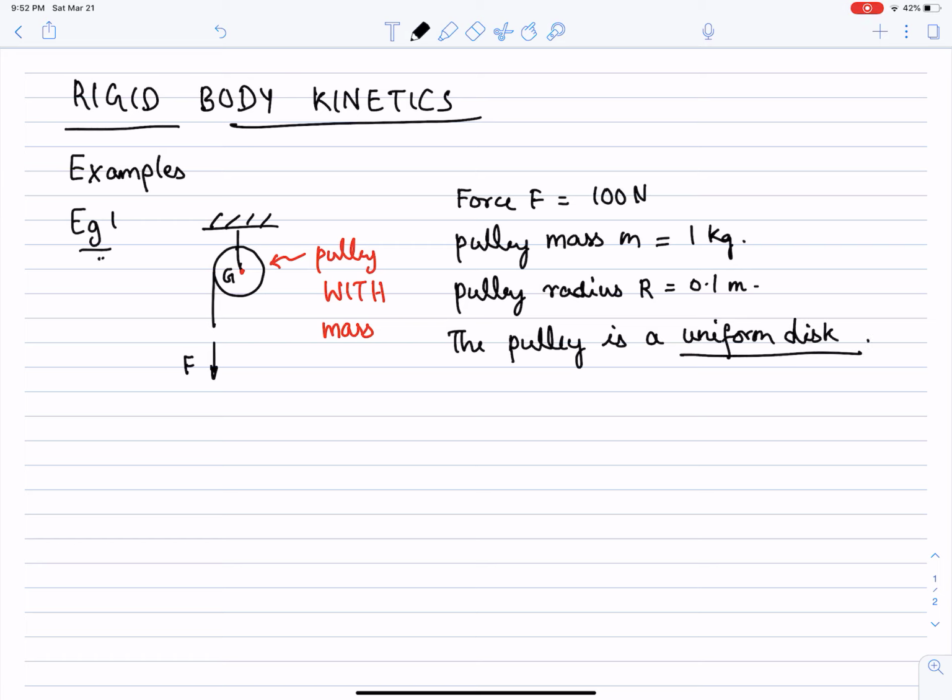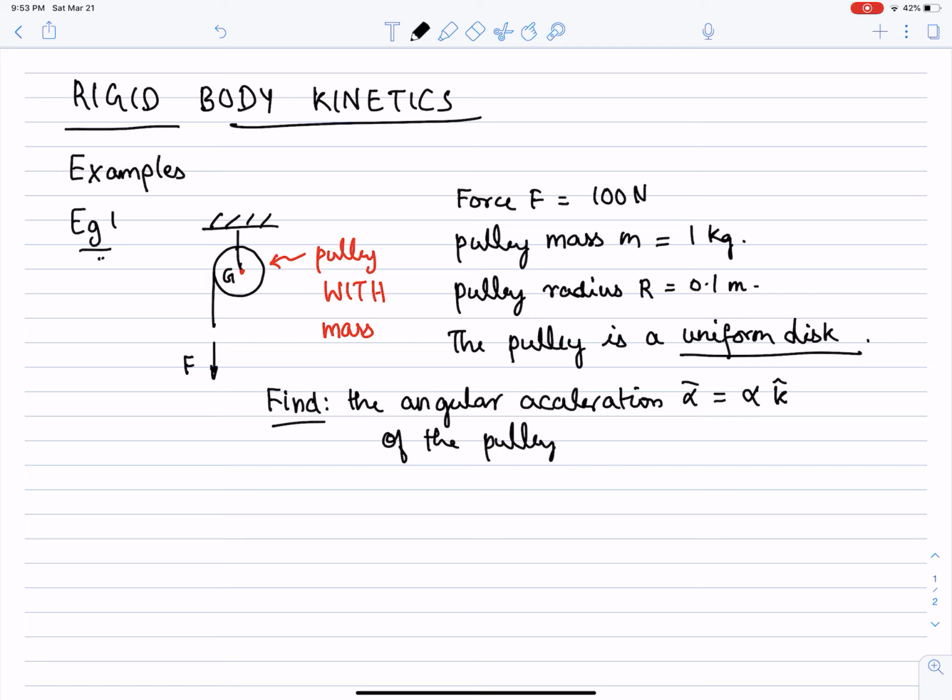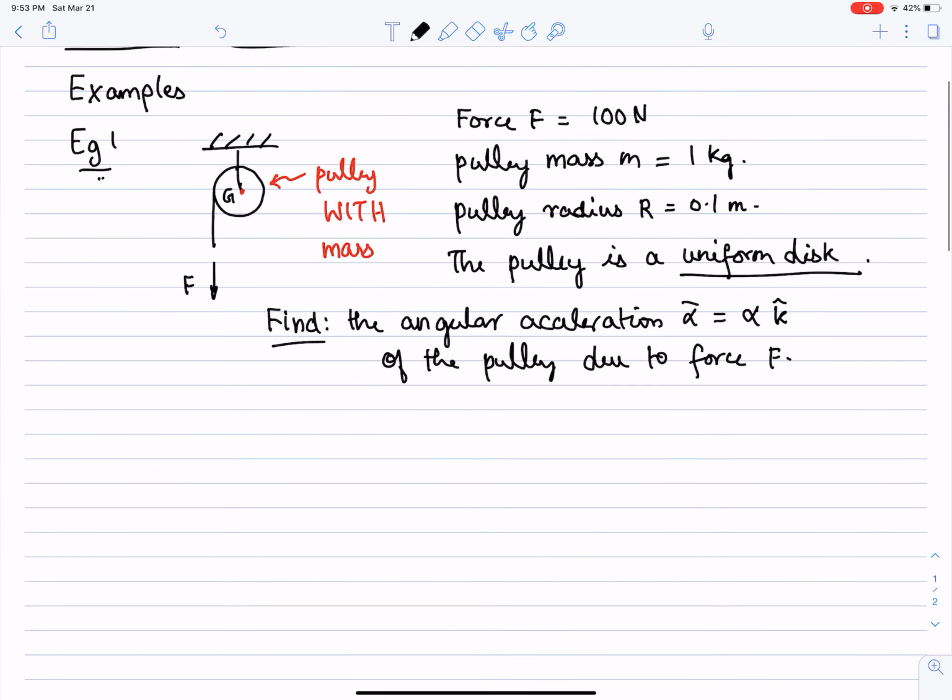You're asked to find the angular acceleration of the pulley, alpha, which is a vector, but it's going to be alpha scalar in the k direction, due to force F. So how do we solve that problem?